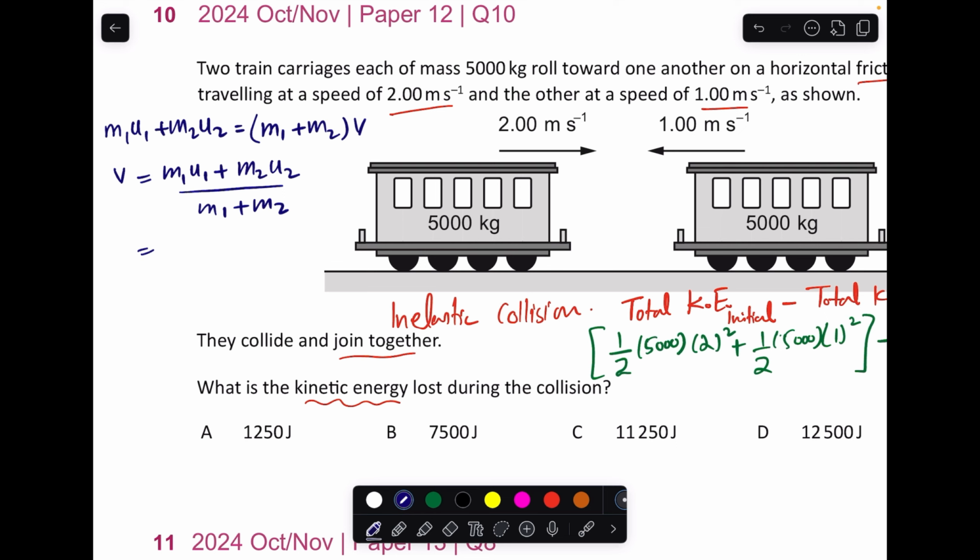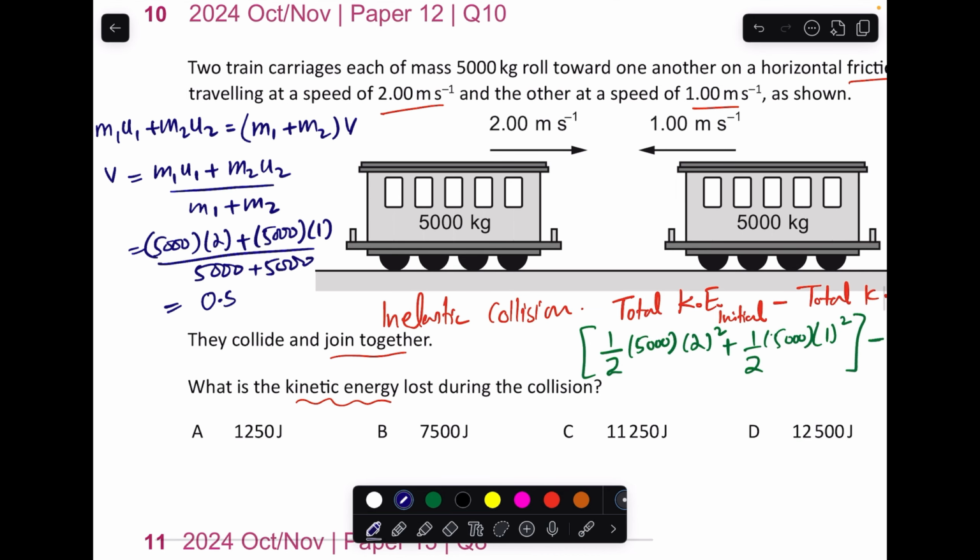So this is 5000 into 2 plus 5000 into 1 divided by 5000 plus 5000. Okay, so this will give you 0.5 meter per second.